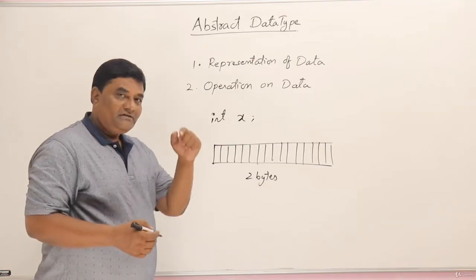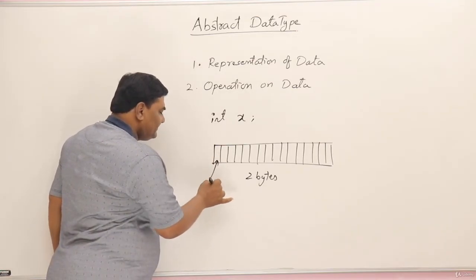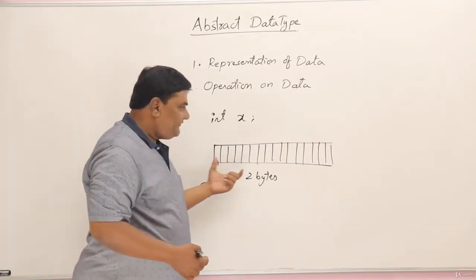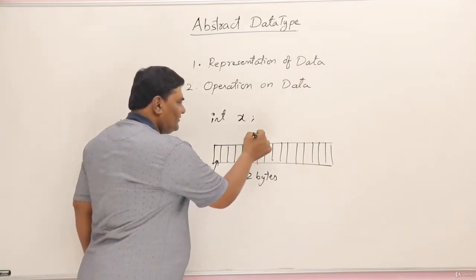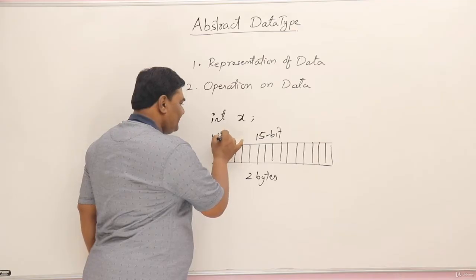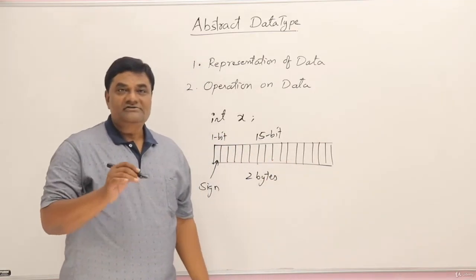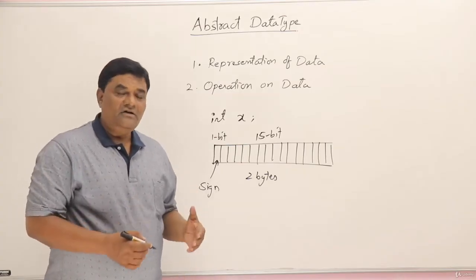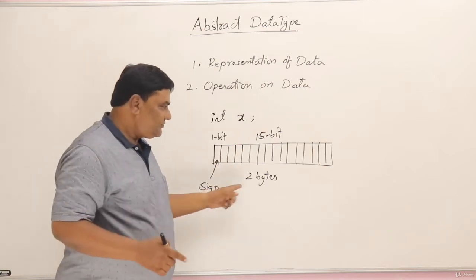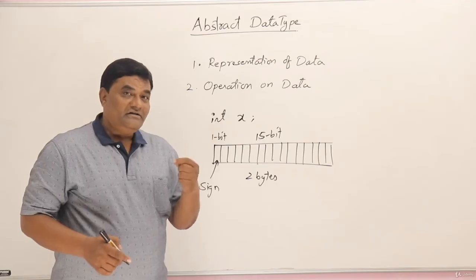Now in this, one bit is reserved as sign bit to allow both positive as well as negative numbers, and the rest of the 15 bits are for storing data, that is any number. This is how an integer is represented inside the memory in 2 bytes. So this is the representation of integer data type.